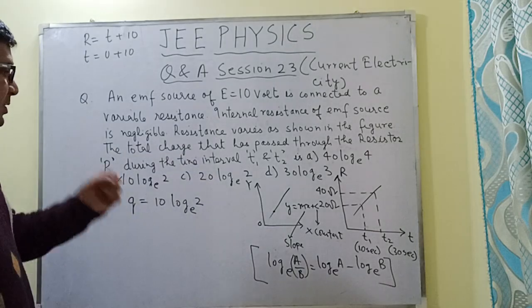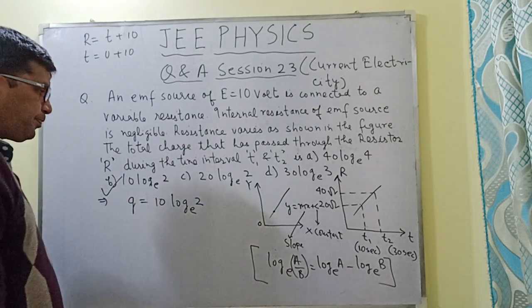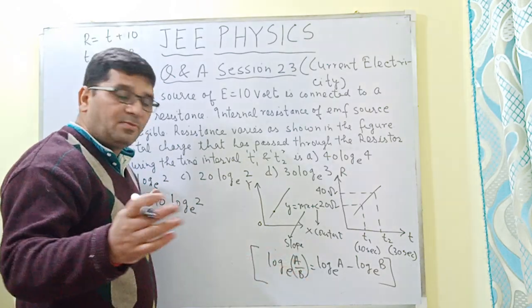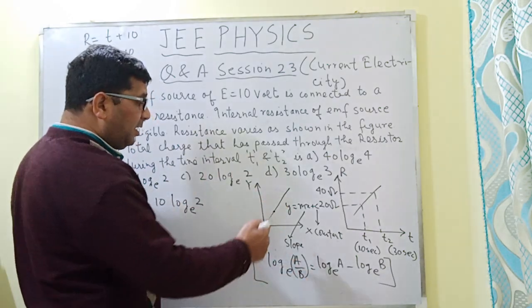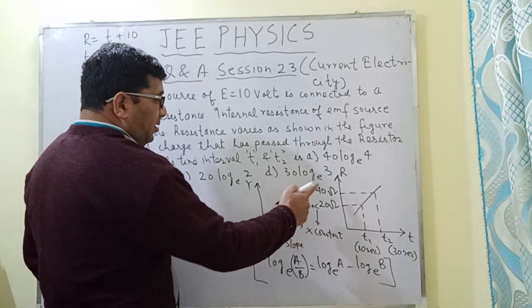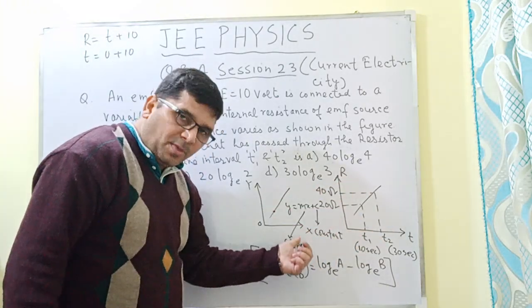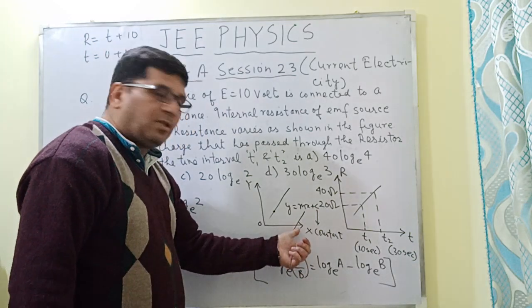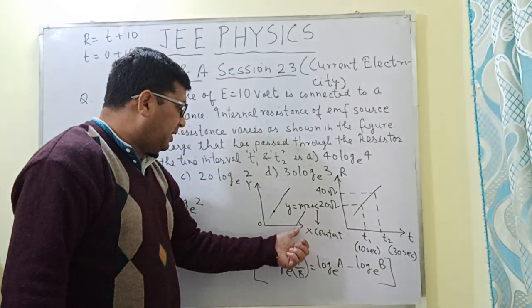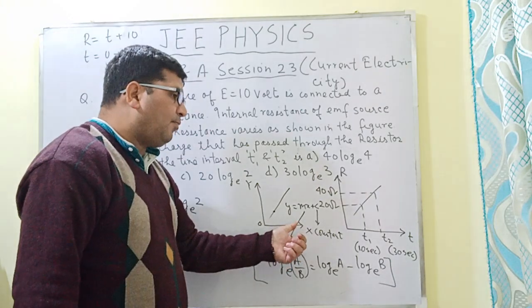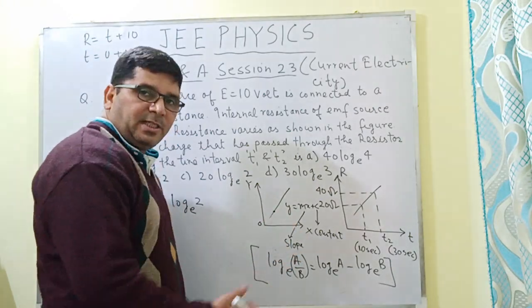Now in this question, the most important thing which you need to understand is that you have to first find the relationship between R and T by using the concept of the line equation which we use in coordinate geometry.